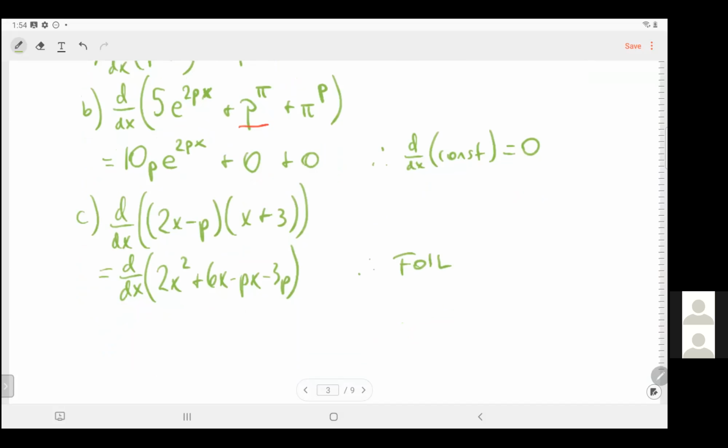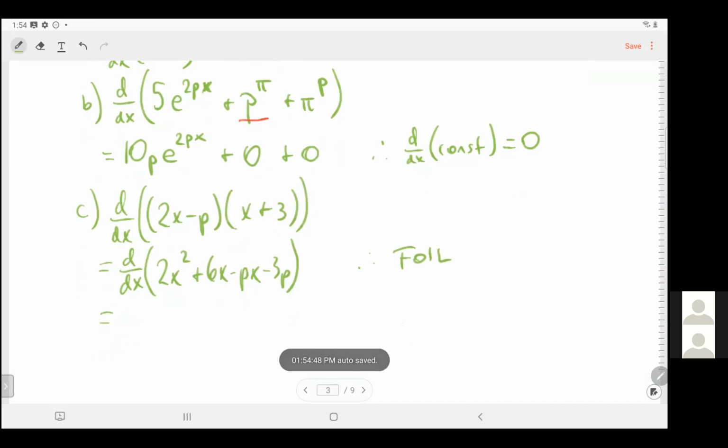But that should be okay. We don't really have to combine like terms or anything. We can just take the derivative, just go straight into it. So the derivative of 2x squared is 4x. Derivative of 6x is 6. And what's the rest of it? Wouldn't it be negative p and then 0?